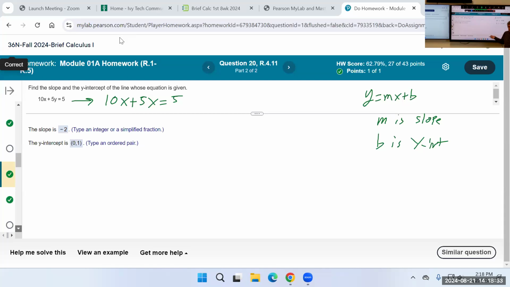So one method I could use is to rearrange the terms so it's y equals mx plus b, or the other way is to find the intercepts and then find the slope myself. The easier way would just be to rearrange the terms. So that's what I'm going to do. So 10x plus 5y equals 5, and I'm going to try to get it in y equals mx plus b form. So I'll just solve for y.